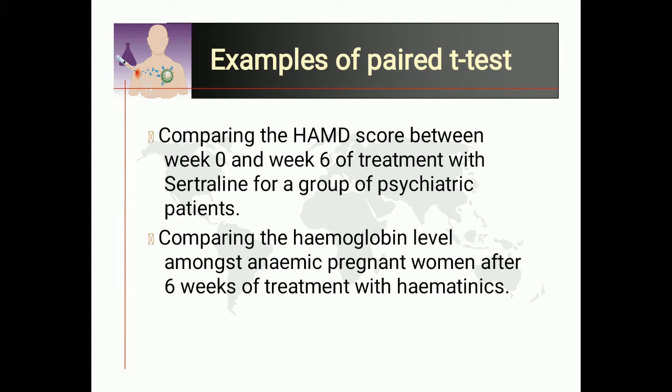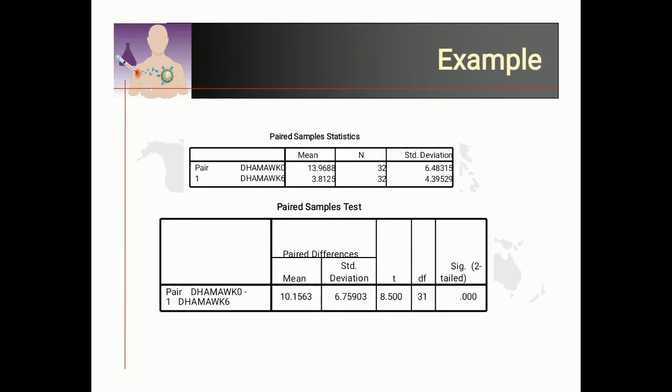So here there is pair 1, having K0 and the second one having K6. For K0 the mean is 13.9688, for K6 it is 3.8925. For K0 the number of patients is 32, for K6 also 32.